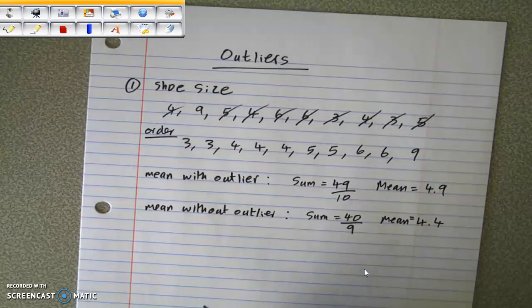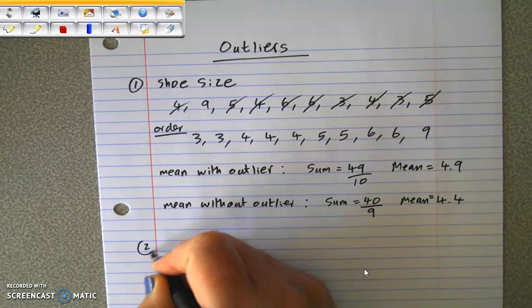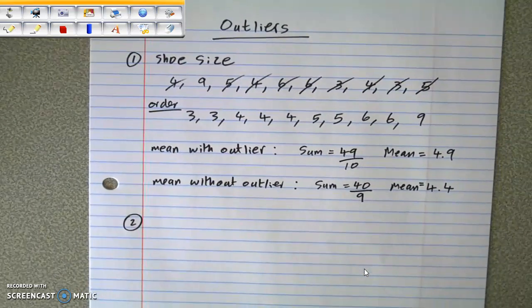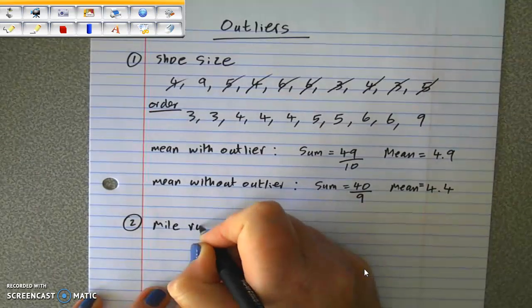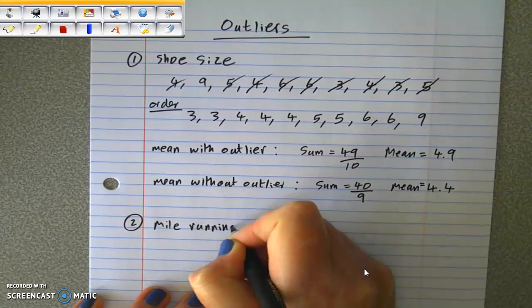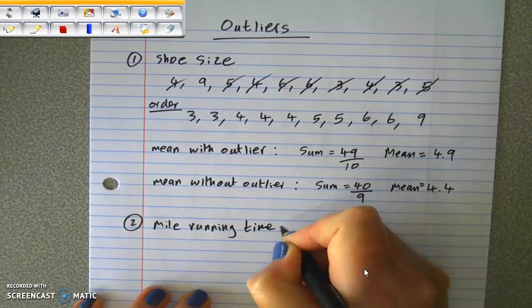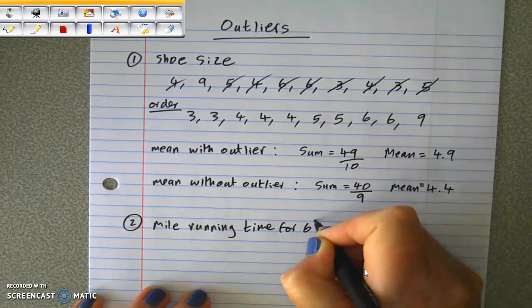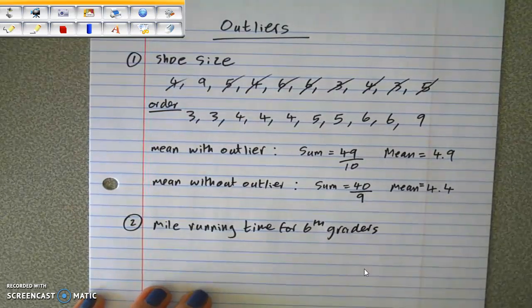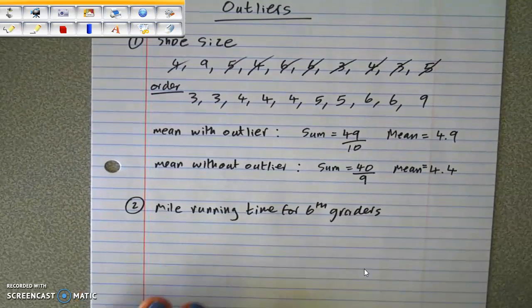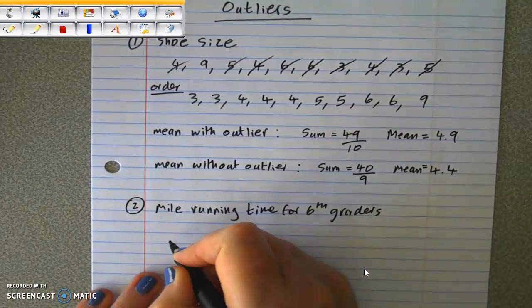Let's look at another set of data. So this time we're going to look at mile running time for 6th graders. And I'm going to write down 8 different times.